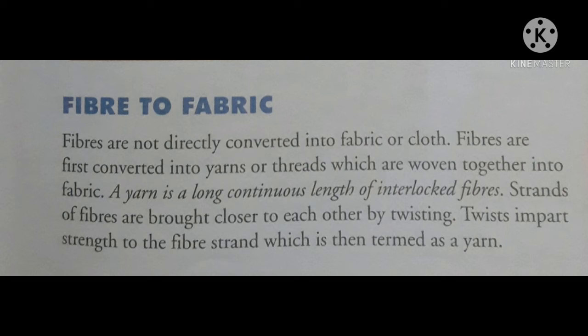Yarn is a long continuous length of interlocked fiber, and the strands of fibers are brought closer to each other by twisting. Twisting imparts strength to the fiber strand, and this is then termed as yarn. A thread is a highly twisted strand of two or more yarns, and it is used to sew garments.